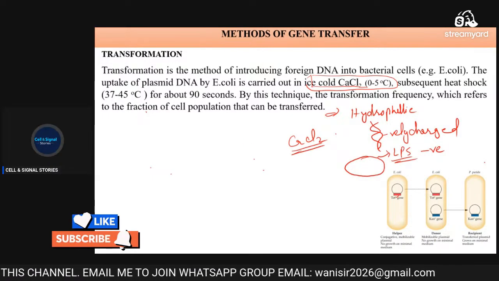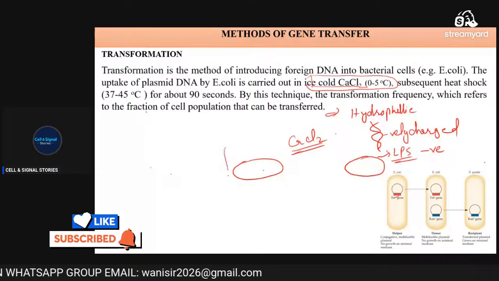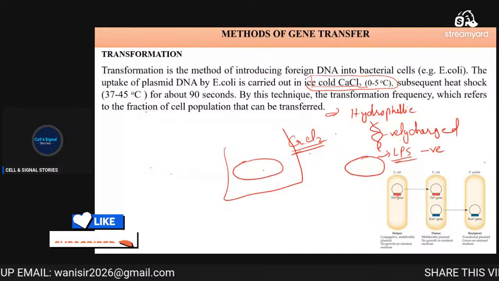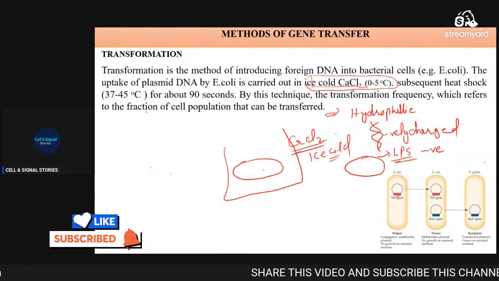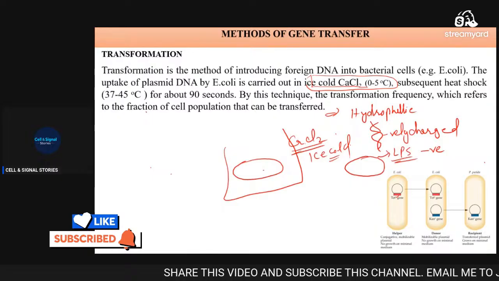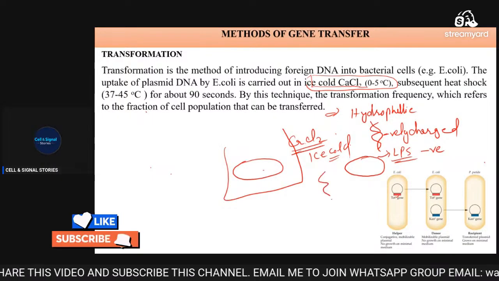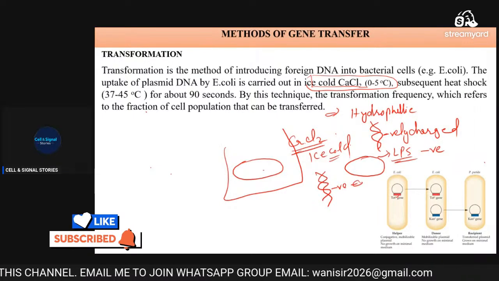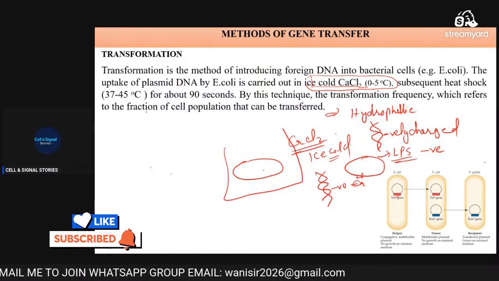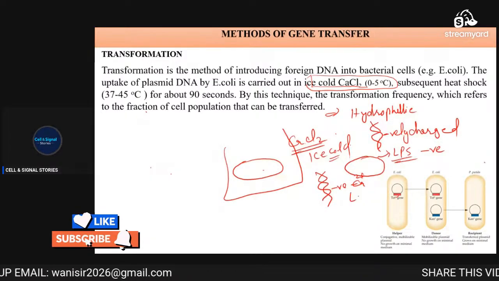When we put this bacterial cell into the calcium chloride, that is ice-cold calcium chloride, it neutralizes the negative charge of DNA by calcium 2 positive. So it causes the neutralization, and it also neutralizes the LPS.